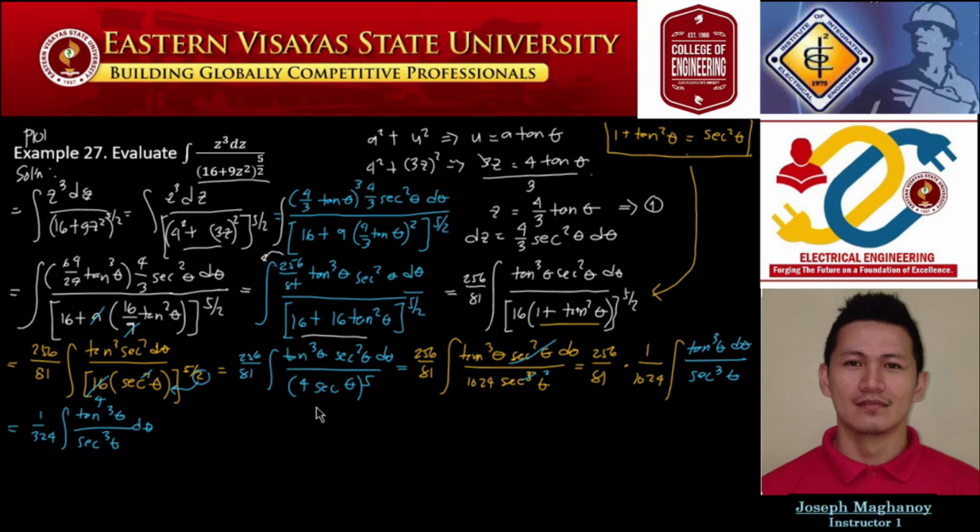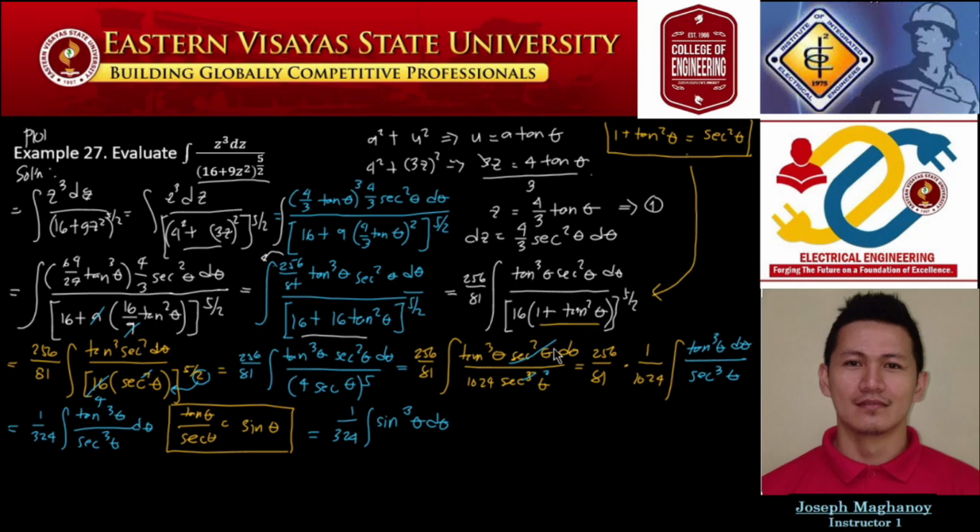Here we can use an identity. We can use this relation: tangent theta over secant theta is equal to sine theta. So we use this one. Equal to 1 over 324 integral. So we replace tangent over secant, so that is sine. They have a common power of cube, copy cube, theta d theta.